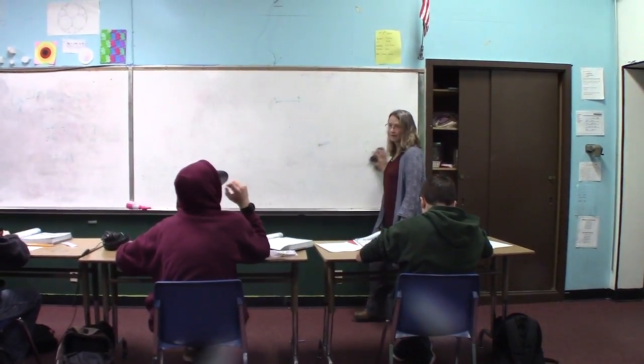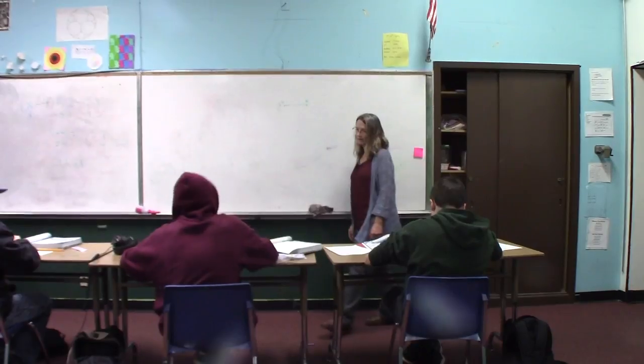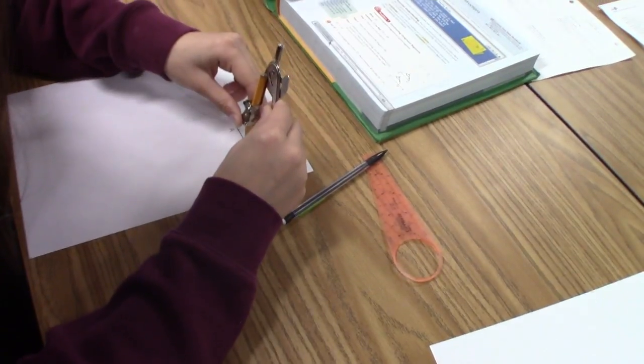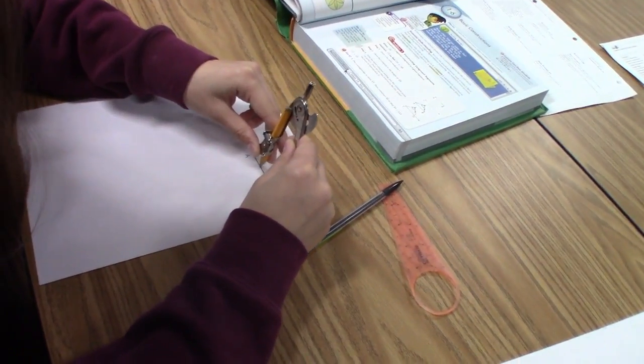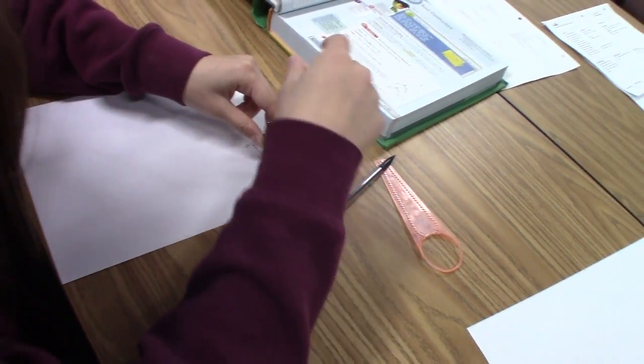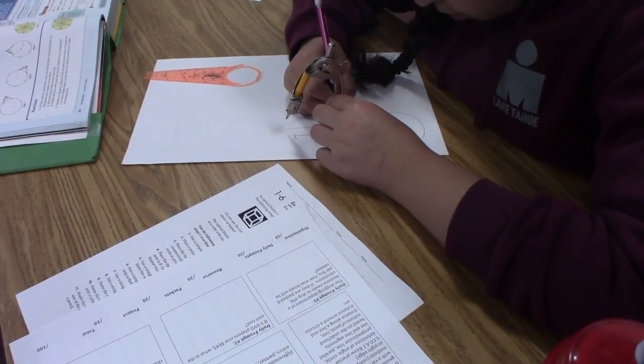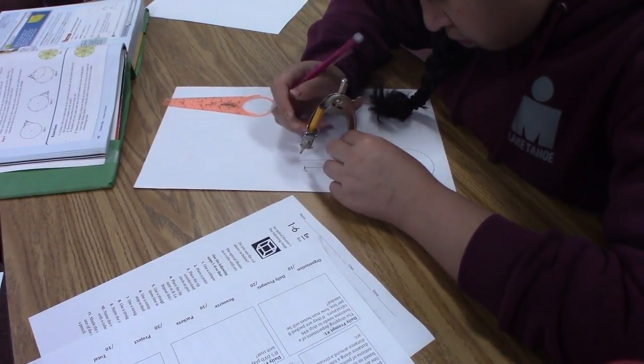Wait a second before we make the little half circle. That's where you take your compass a little more than halfway. Remember, you take your compass and you put it on one of the endpoints.